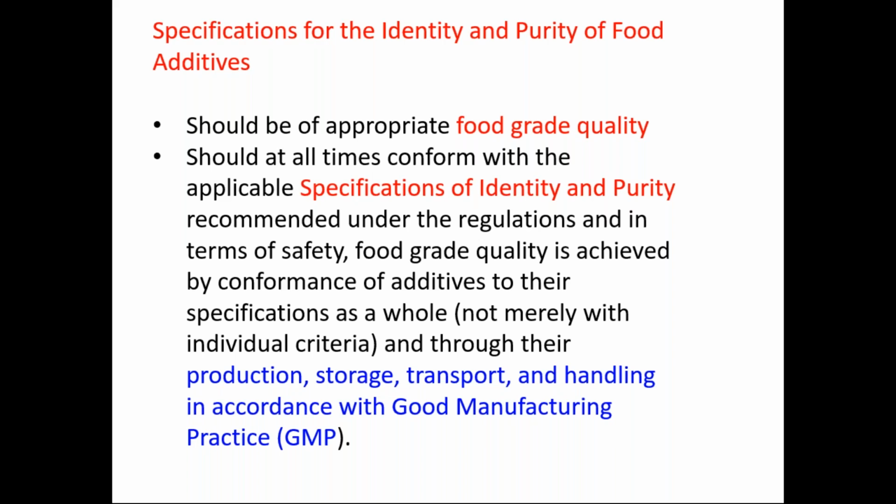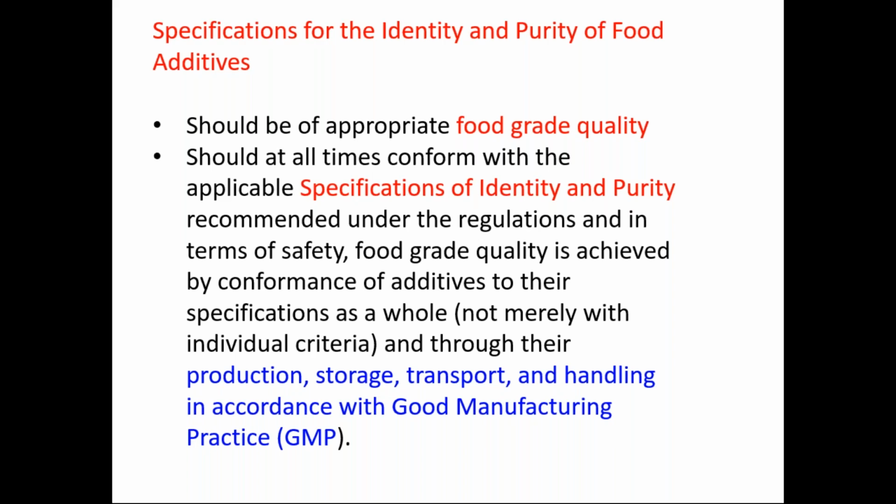The regulation clearly says that it should be food grade quality. It also specifies the identity and purity by giving the molecular formula of the additive. It also gives you the chemical name, and the limits of heavy metals, etc., which will make it much safer.